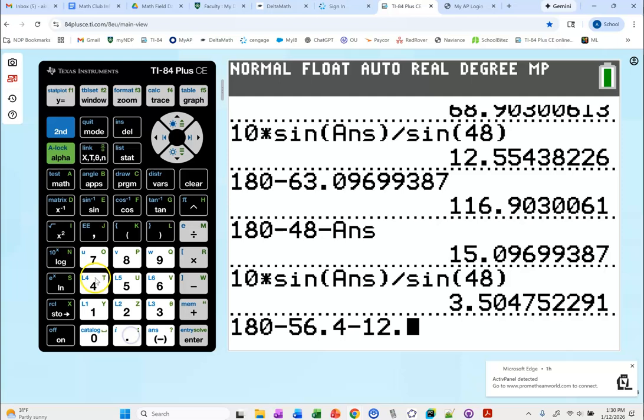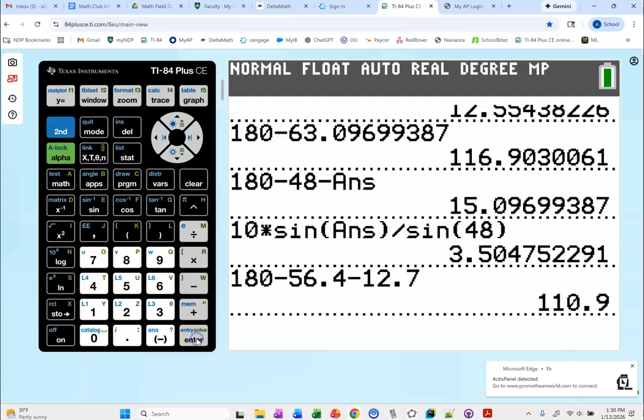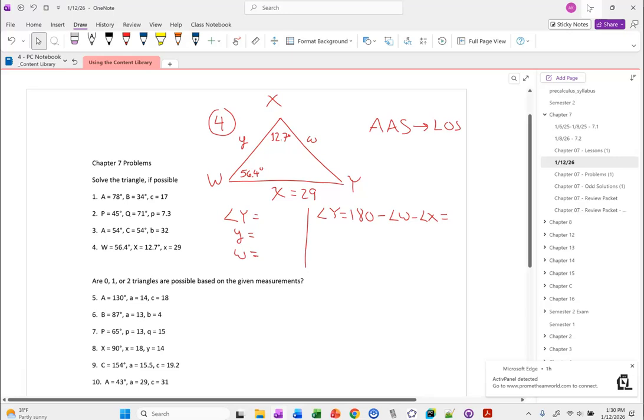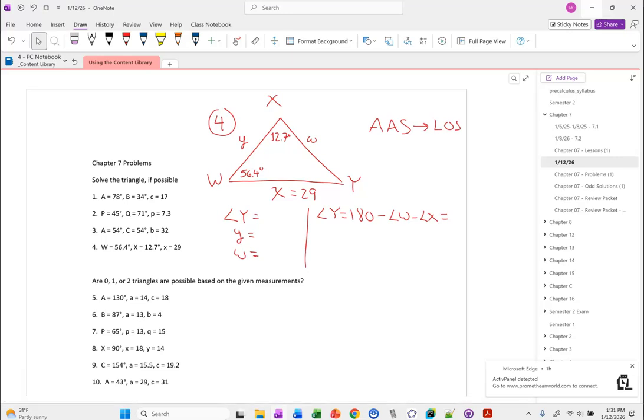Is that right? Yeah. So 110.9. And I'm just going to add them in as I go.